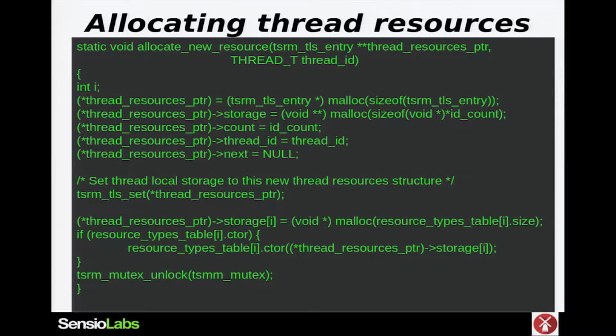This is just about reserving, allocating space for the globals for the current thread to be used. Okay, so you just allocate those. This has been summed up, even if it's a big example for the function. This is the allocate_new_resource function. Okay, so it allocates resources for the current thread.